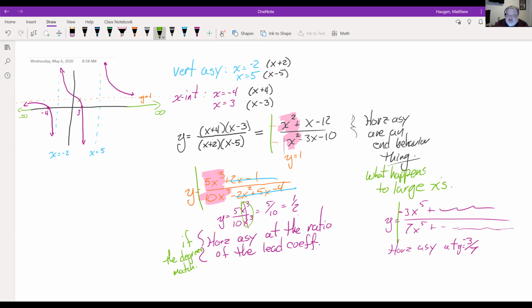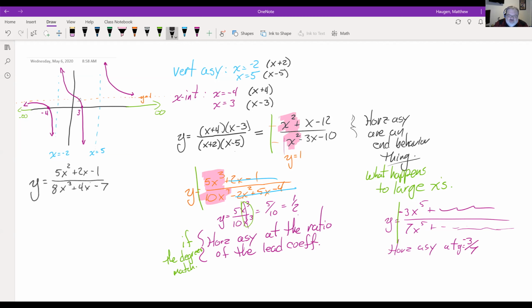As a counterexample, what if we had, say, y equals 5x squared plus 2x minus 1 over, say, 8x to the third plus 4x squared minus 7.